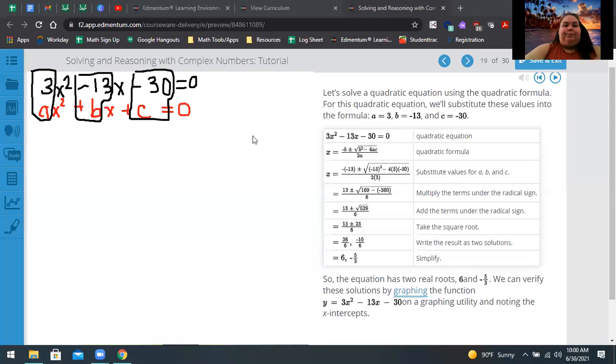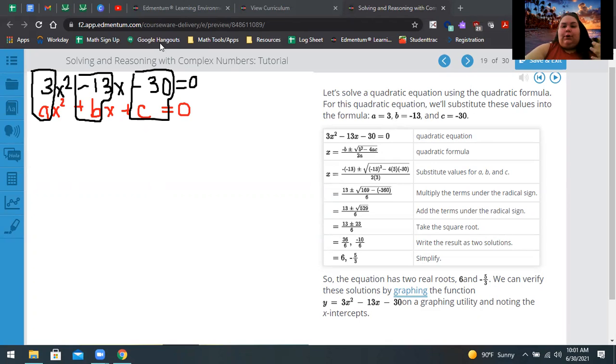So I identified my a, b, and c, or you can look at the right-hand side, where they wrote it more nicely: a is equal to 3, b is equal to negative 13, and c is equal to negative 30. Again, that minus in front of the number will be taken as a negative.